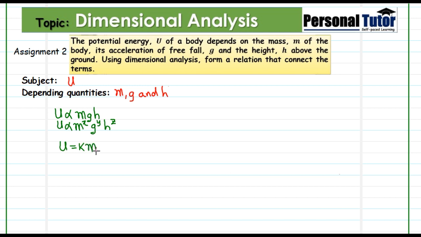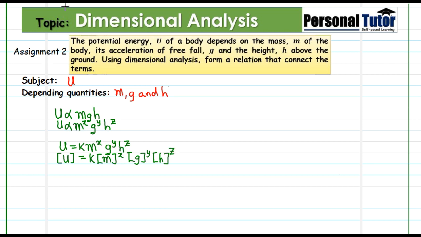That will be U equals k m to the power s, g to the power y, h to the power z. Let's write this in their dimensional form by simply enclosing them in a square bracket. So g to the power y, h to the power z.